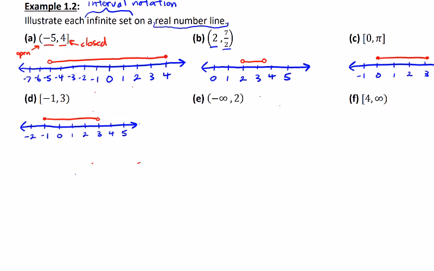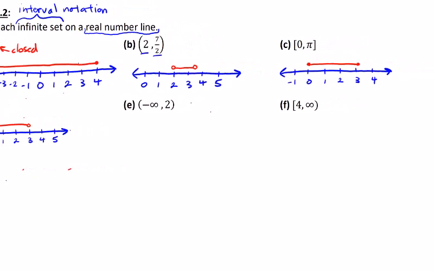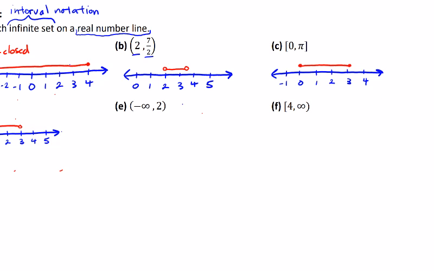On the next couple of examples, part E and part F, they are not going to be bounded on both sides. So when you look at part E, you can see here that there is a negative infinity symbol on the left, but there's a +2 on the right. So this negative infinity right here, I want to make sure that we're very clear on this. Negative infinity is not a real number.